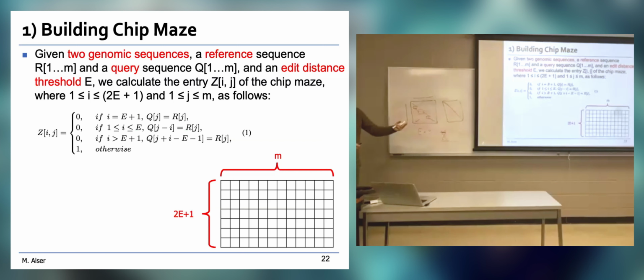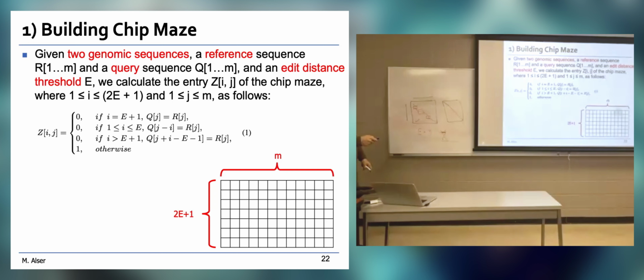Now, this is the algorithm itself, okay? We call it sneaky snake. And now let's talk about genomic sequences, regardless of the VLSI chip problem. Given two genomic sequences, we would like to detect their similarity. Are they similar or not? Now we have a reference sequence, let's denote it as R, and a query sequence as Q. The length goes from 1 to M, so they have the exact same length, right?